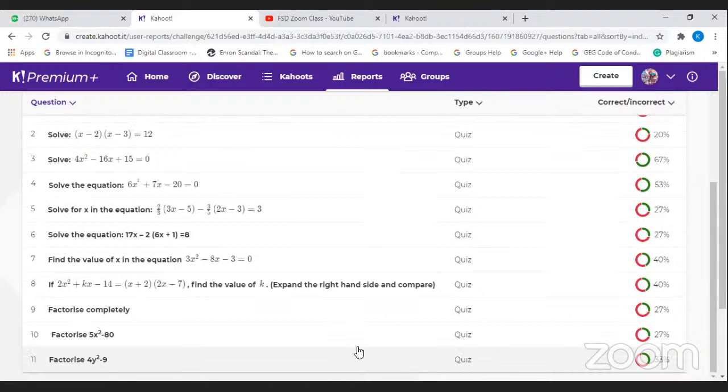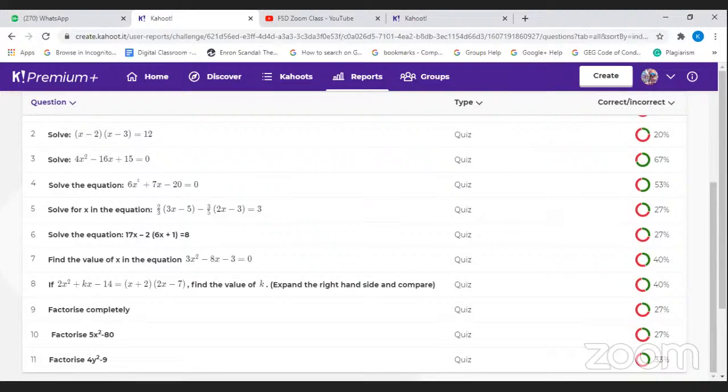Yeah, 4y squared minus 9. That is just some of the things that we need to look at. Do we have any question, any challenge here? In case there's any challenge, if you sit back well, look at question number 2.